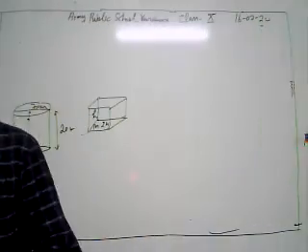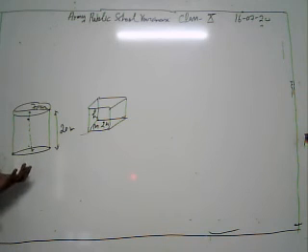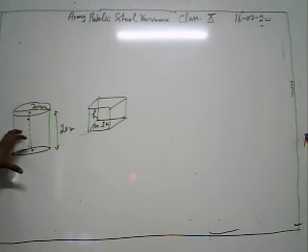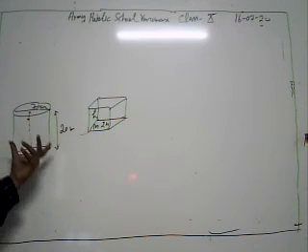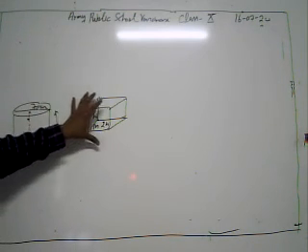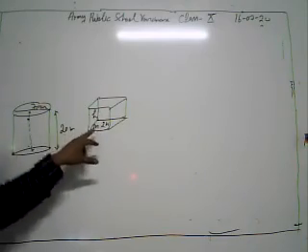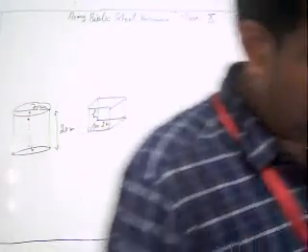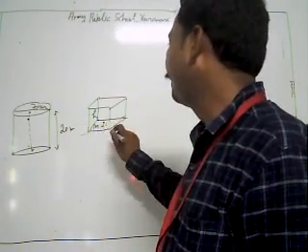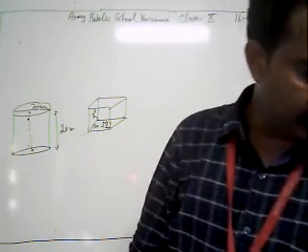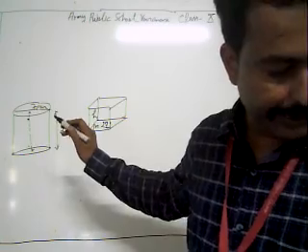First of all, the earth is taken out from a cylindrical shape having depth 20 meter and diameter 7 meter. The whole earth is used to make a cuboidal platform having length 22 meter and breadth 14 meter, and we have to find the height of the platform.